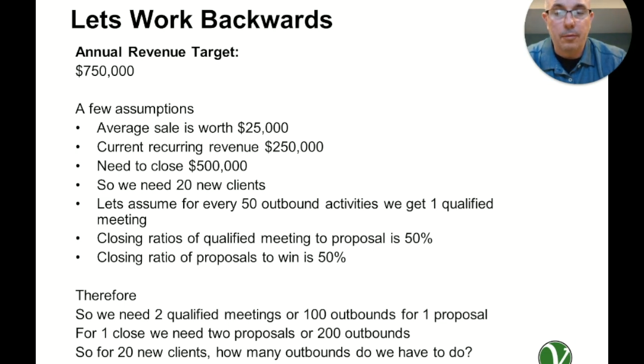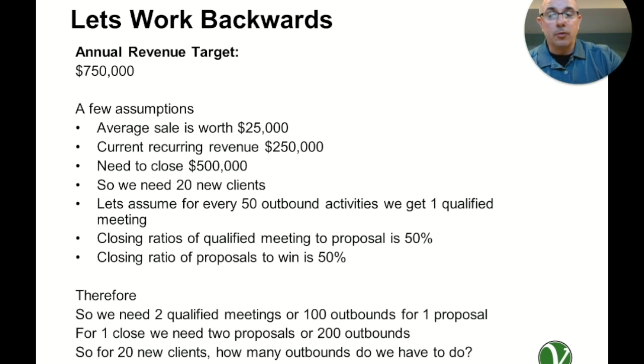Therefore, you would need to do 100 outbounds for 2 qualified meetings to do one proposal. So if you want to close one proposal, you need to do 200 outbounds to get 2 proposals to close one.